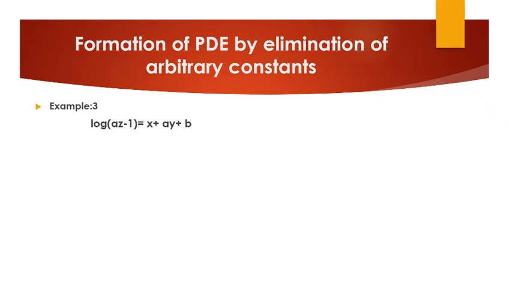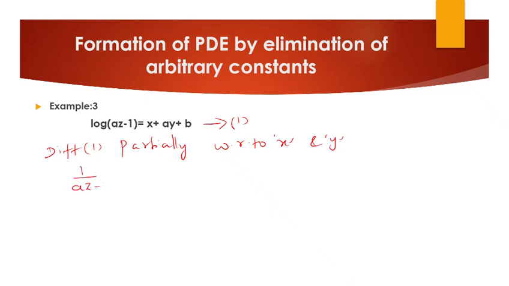We have our equation as log of (az minus 1) is equal to x plus ay plus b. Let us consider the given equation as 1. Now differentiating 1 partially with respect to x and y, we get two more equations. When you differentiate with respect to x, you get 1 by (az minus 1) into a times dou z by dou x.